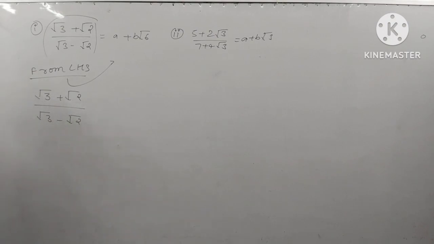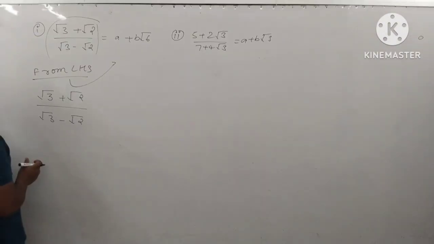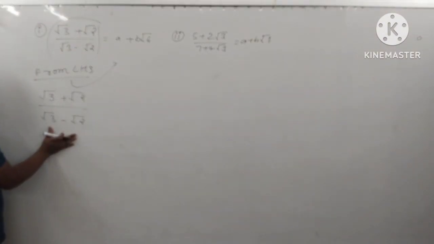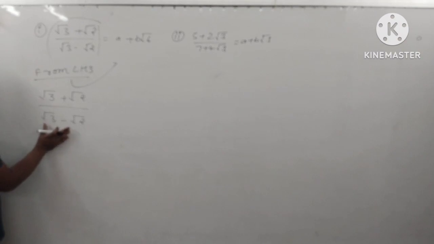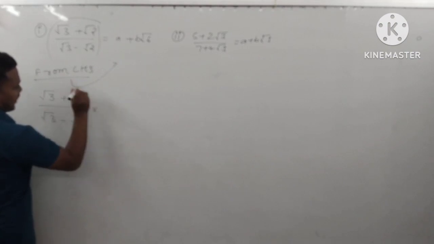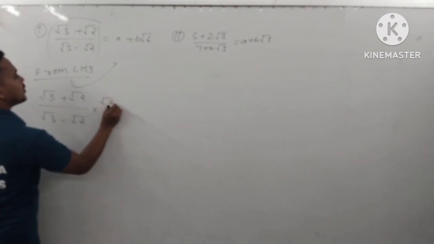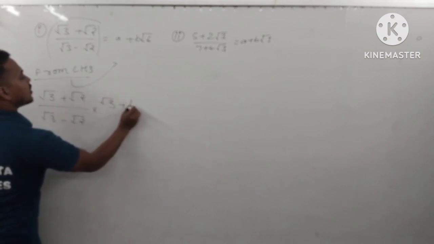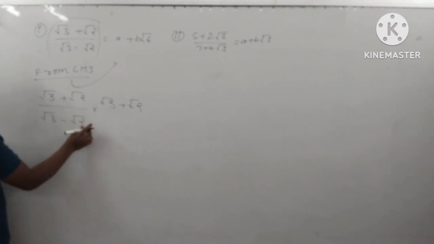How to simplify? First of all, you take the rationalizing factor of the denominator. The rationalizing factor of this denominator is root 3 plus root 2, with the sign changed.